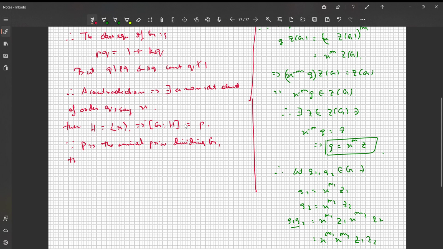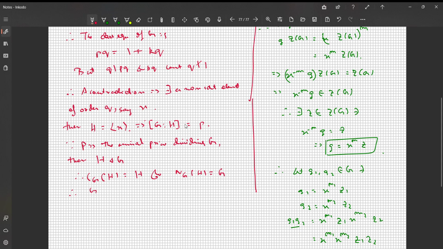Then H is normal in G, right? Then what is the centralizer of H? So the centralizer of H is H, right? And the normalizer of H is the whole group G, right?